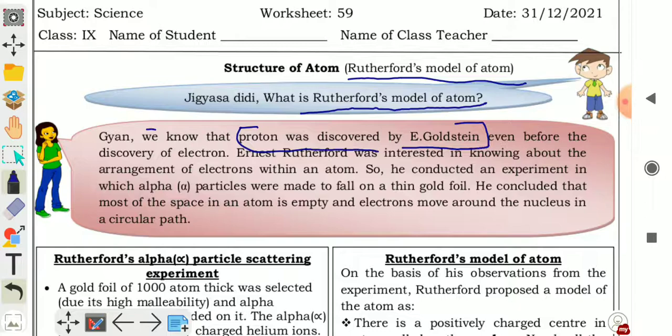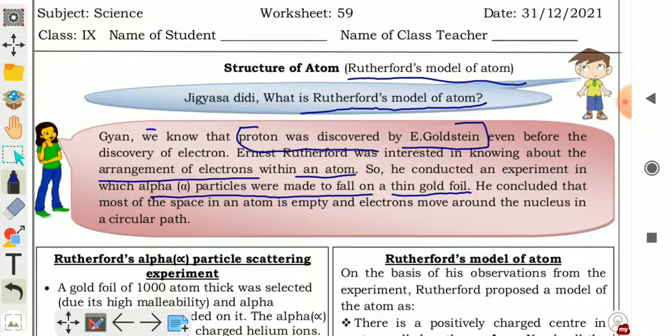Ernest Rutherford was interested in knowing about the arrangement of electrons within an atom. He conducted an experiment in which alpha particles were made to fall on thin gold sheet or foil.